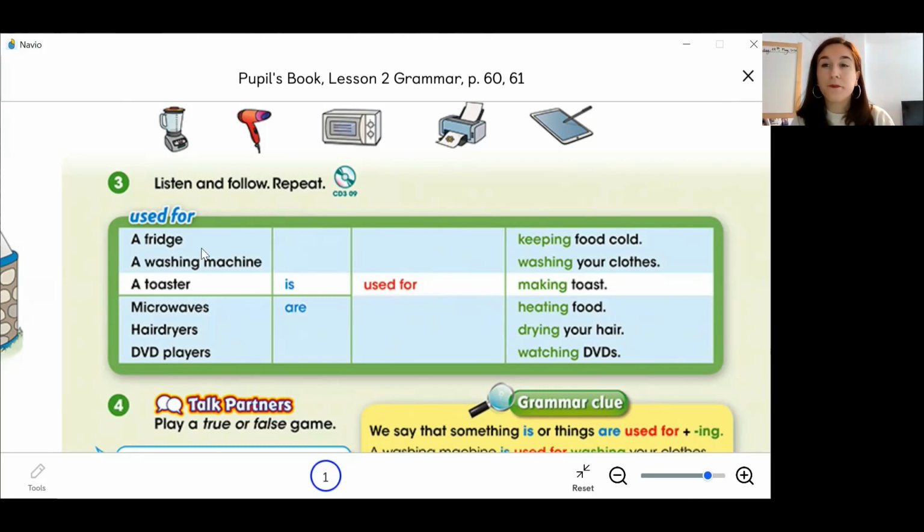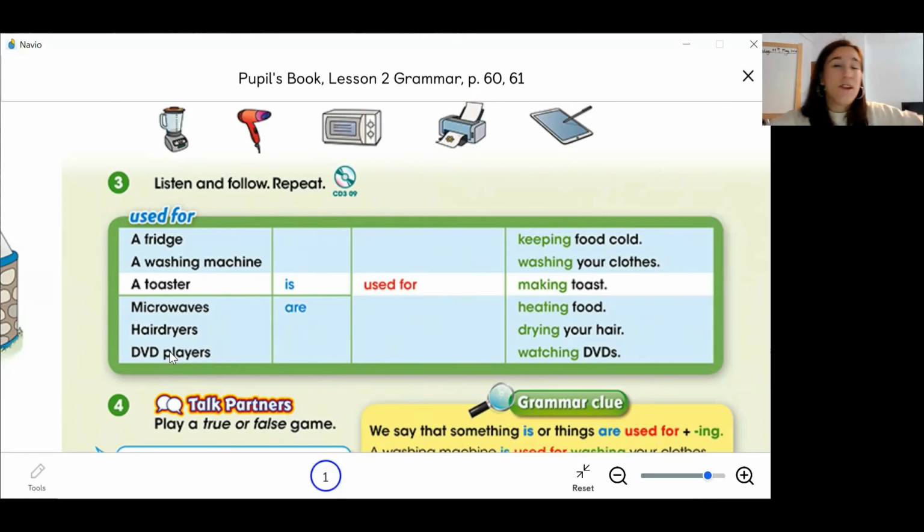So remember, we have an object, whatever the object. It can be a machine, that is the vocabulary of this unit: a toaster, a microwave, a hair dryer, a printer, but it can be any object. For example, a phone, a marker, a potato, a lamp, okay?